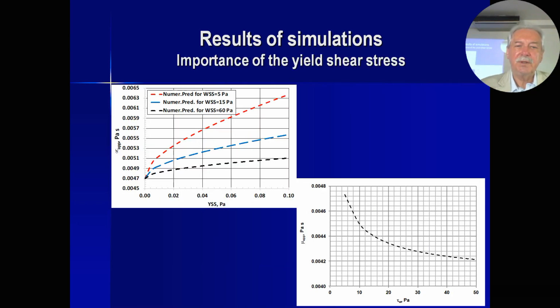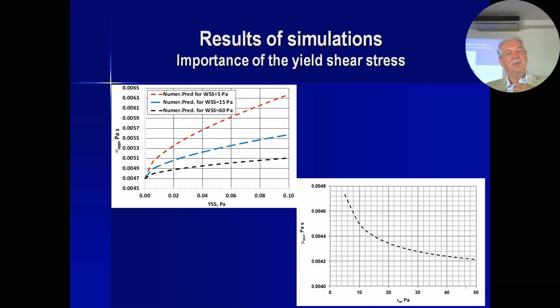What is also important is that in case of a bioliquid similar to blood, the apparent viscosity decreases when wall shear stress increases. This is seen on the right side of this slide.